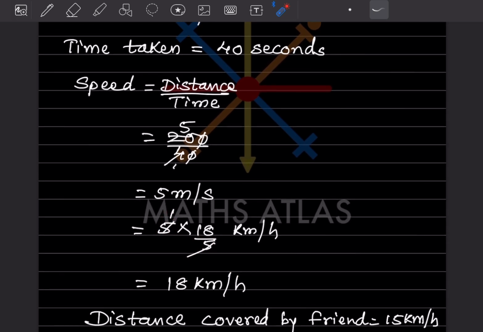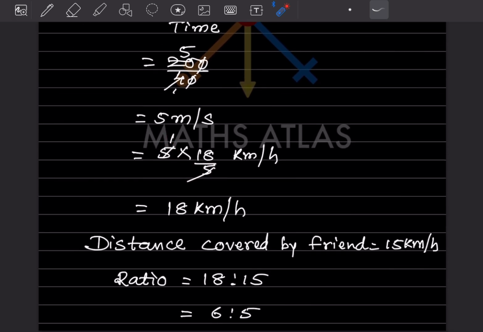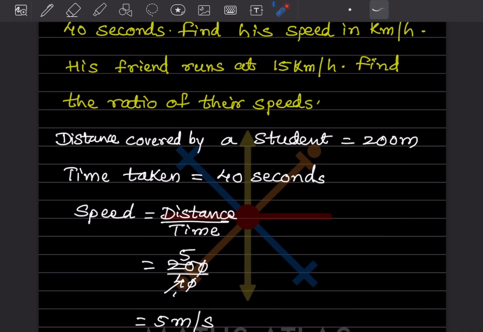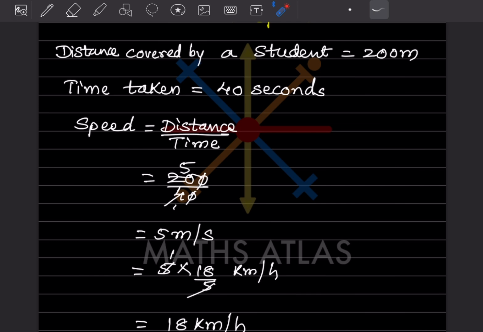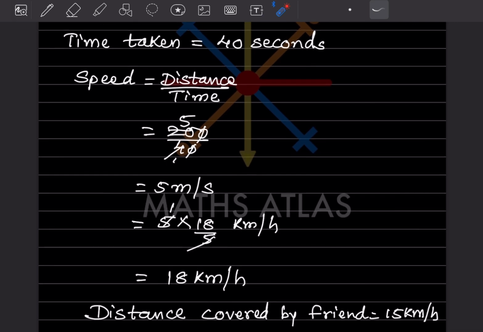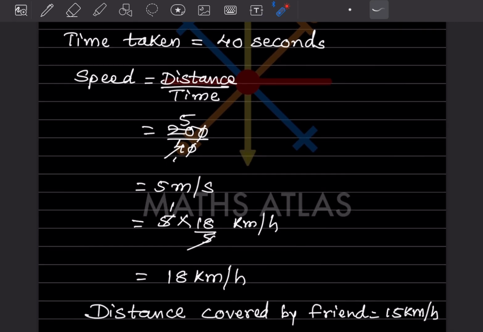What did they ask? Find the ratio of the speeds. First we have done the conversion. Now the speed of the friend is 15 kilometer per hour.